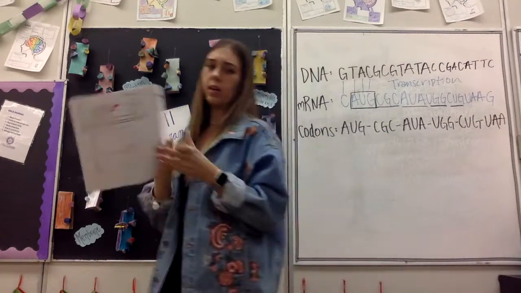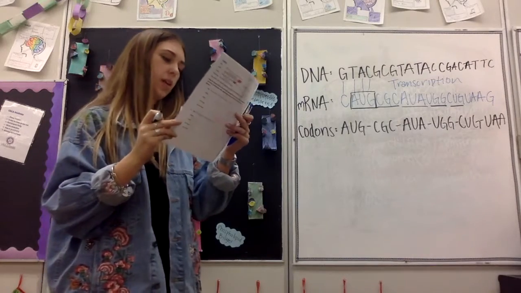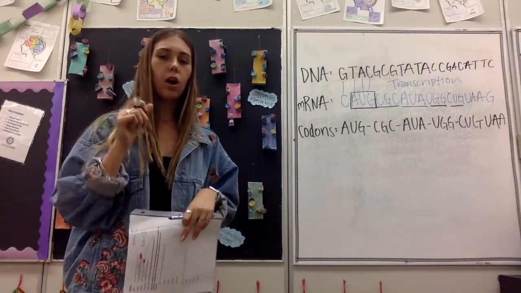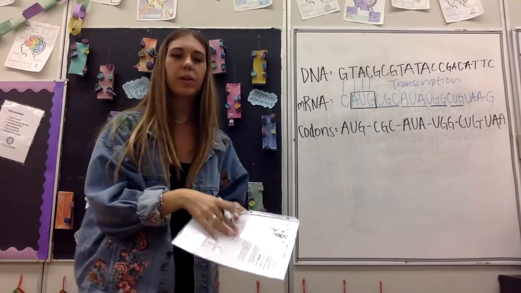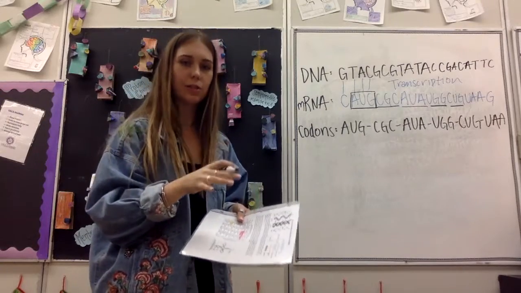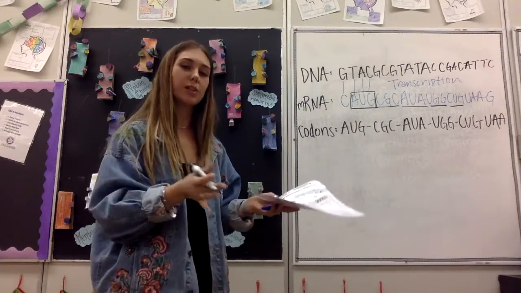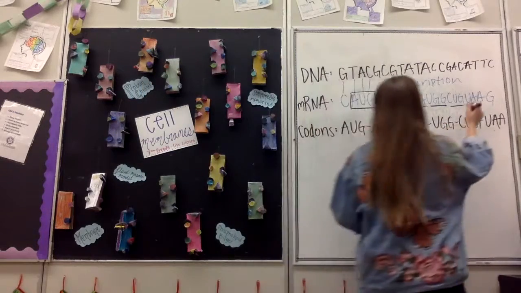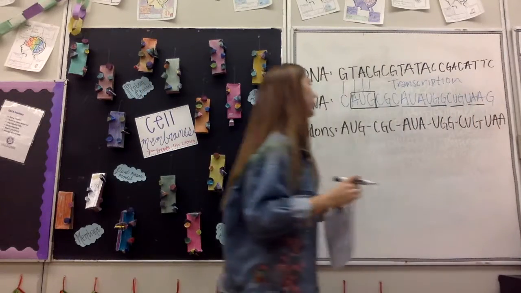Whenever you see UAA, UAG, and UGA, always at least look at your chart because those are going to be your stop codons. So when you see U in front, I would at least look at your chart because you are probably going to do extra work if you don't notice that you can stop there. So these are our codons.